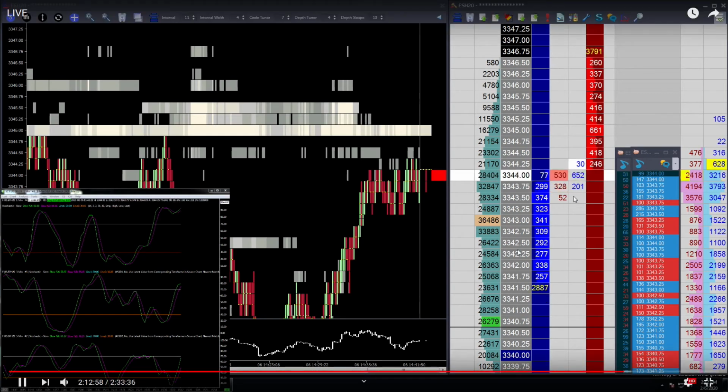Only 52 contracts came in. Still holding. I really should be trying to wait in the queue at 44.75. But I'm not waiting in the queue because we've tested this price so many times, maybe we'll finally get through it. So I know that possibility is there.